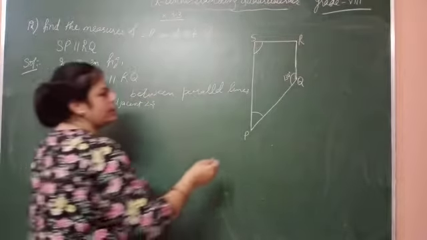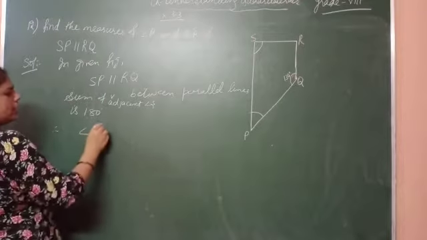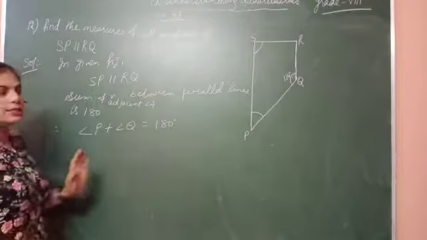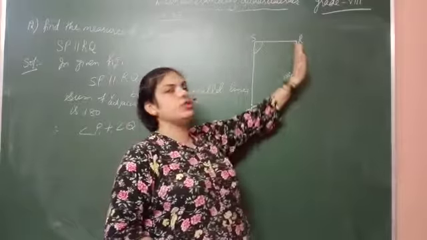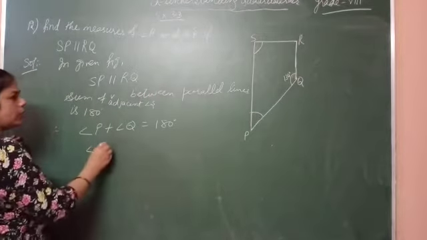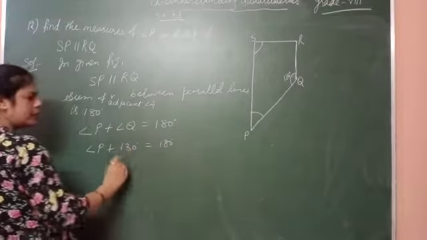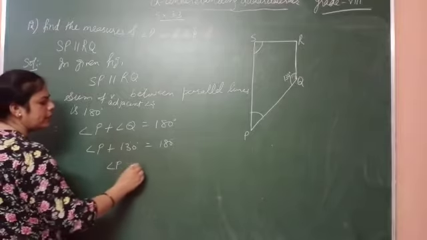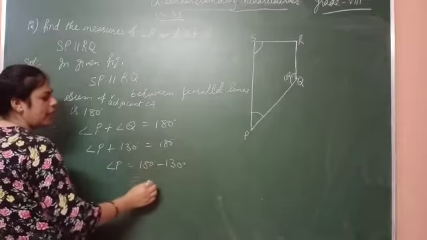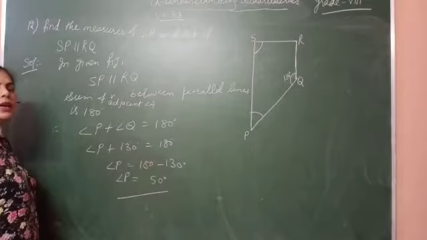So here what are the pairs? Angle P plus angle Q. The sum is 180 degree because these are the adjacent angles between parallel lines. Here angle Q is 130 degree. So 130 degree transposed to the right hand side becomes minus 130 degree. So 180 minus 130 is 50 degree. तो angle P की value क्या आ गई मेरे पास, 50 degree.